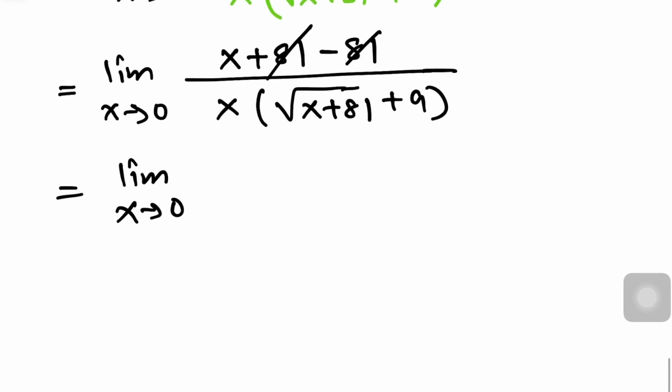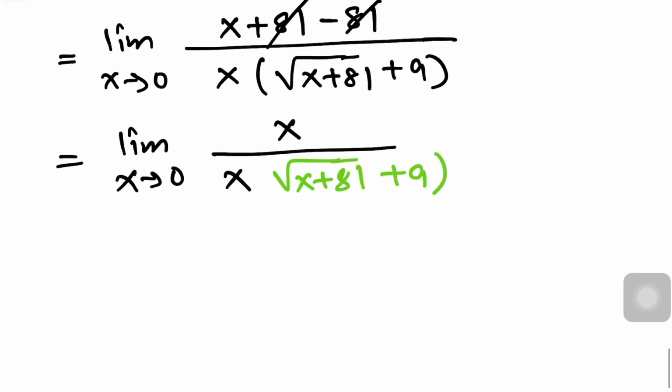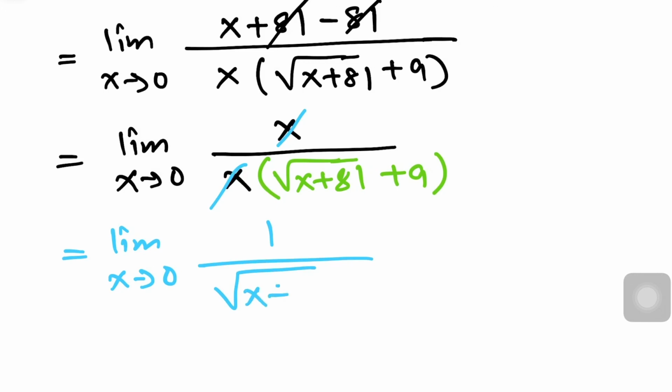Limit as x approaches 0, we have x divided by x times square root of x plus 81 plus 9. As you can see, we have x on top and x in the bottom. They will cancel each other out. That's exactly what we wanted to have.